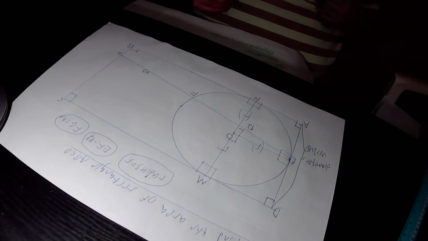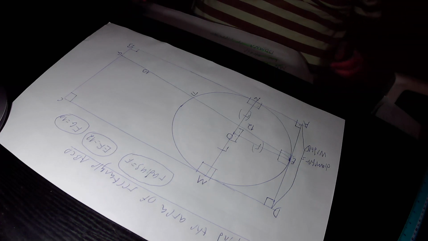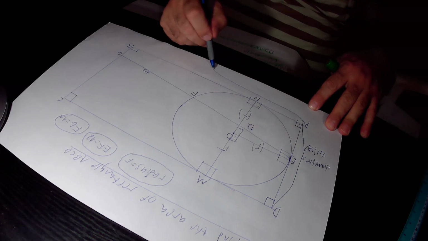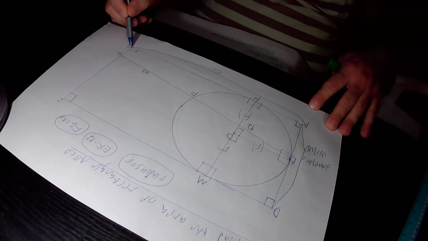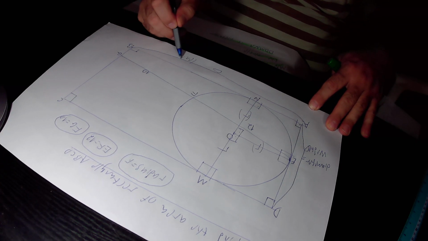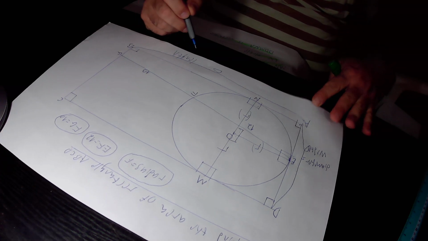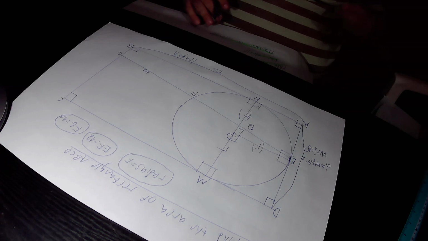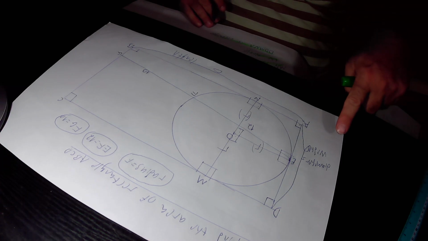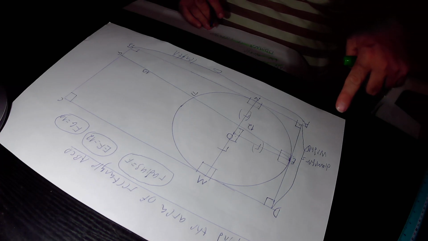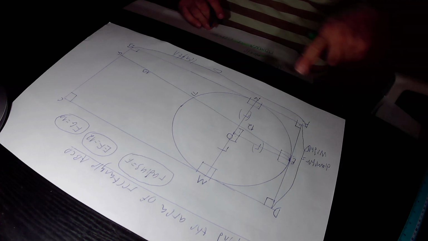You know that the length of rectangle ABCD equals AB, and the area of rectangle ABCD equals the width times the length. So we found out that AD is both the diameter and the width of rectangle ABCD, and AB is the length.